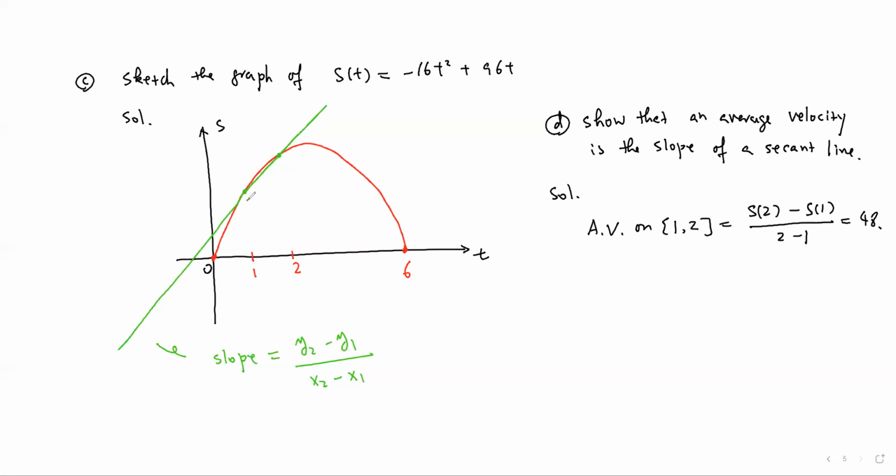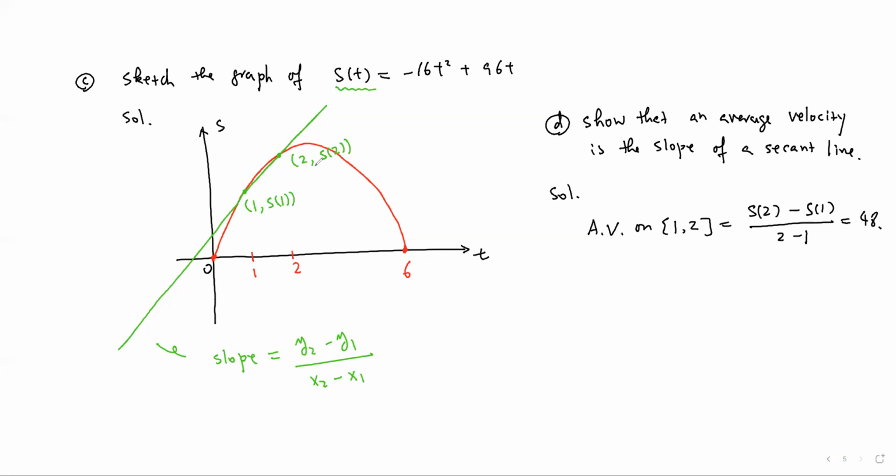This point, the x coordinate is 1, and the y coordinate is the function value at 1, because this point is on the graph of this function. And this point is on the graph of this function, so the x coordinate is 2, and the y coordinate is the function value at 2.